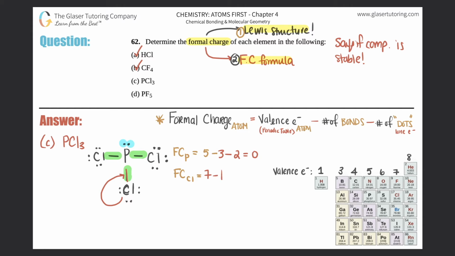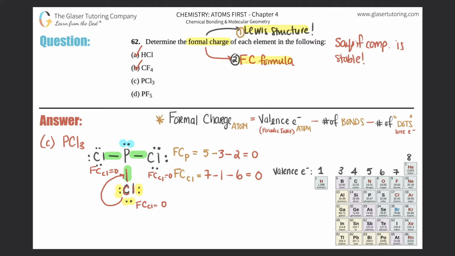So this would be only one bond. Minus, how many dots does this chlorine have? 1, 2, 3, 4, 5, 6. So minus 6. And that would be 0. So another stable compound, which means that the formal charges for all the chlorines would be 0. Formal charge for this chlorine is 0, and the formal charge for this chlorine is 0.